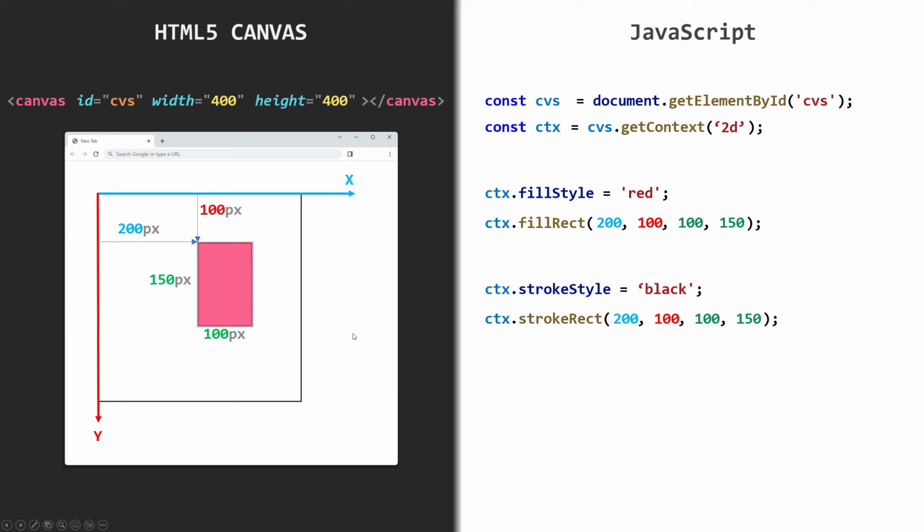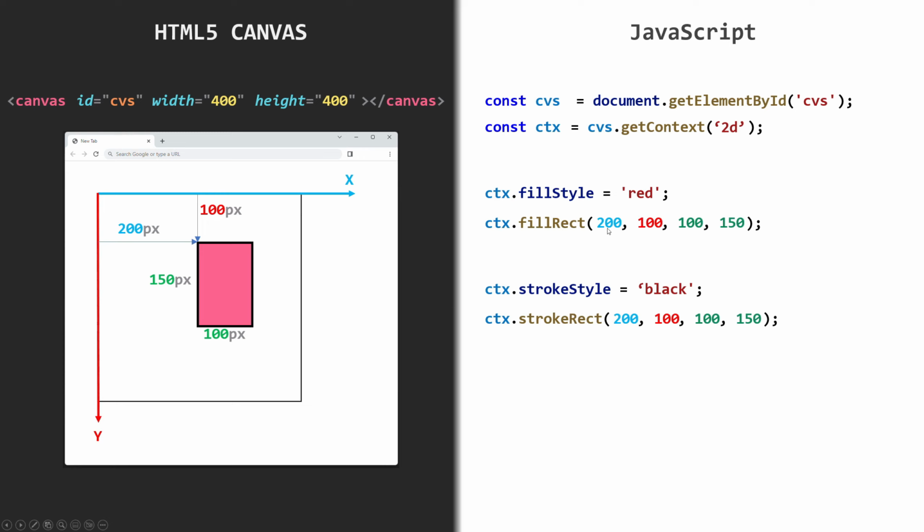If I run this code, I'm going to get a stroke over my old rectangle. Now you might think that this code and this one are related in some way, but they are not. This is separate from this one. So fillRect is used to draw a rectangle with a fill, and this one is used to draw a rectangle with just a stroke.